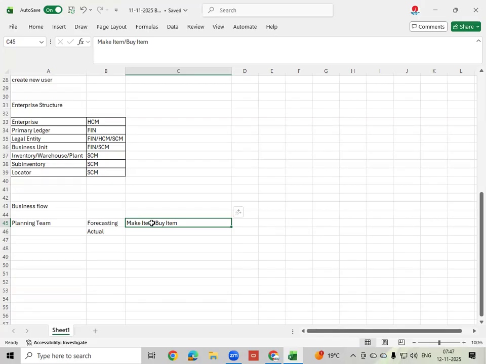So 8 months back, for 2026, we calculated demand. Once we entered 2026, in the month of July, August, it's a car manufacturing unit. We produced around 5,000 units, but there are no sales.